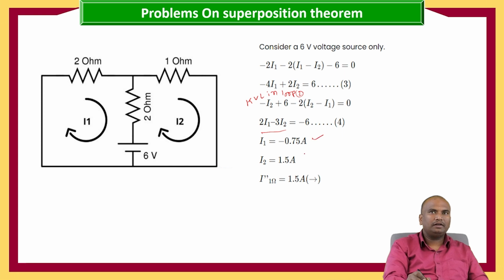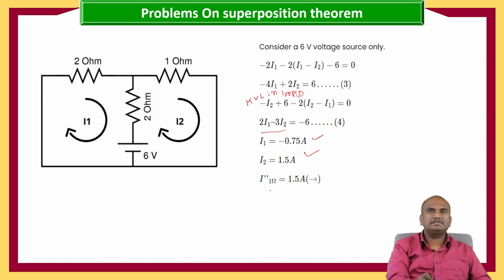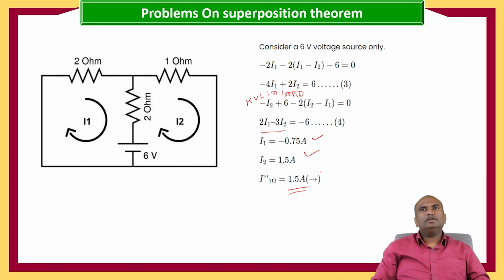Now we got I1 as minus 0.75 amperes and I2 as 1.5 amperes. So I1 double dash is equal to 1.5 amperes from left to right. Now we got the current flowing through 1 ohm because of the 6 volt source.